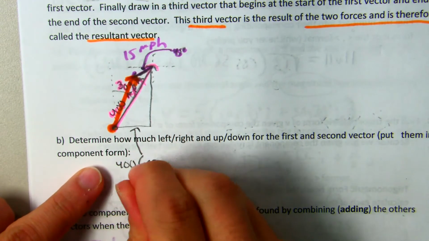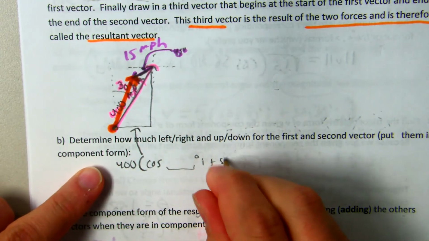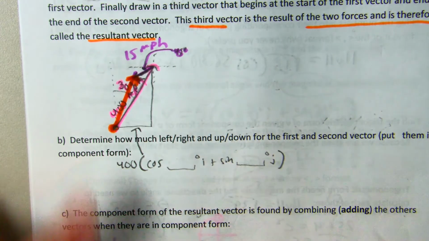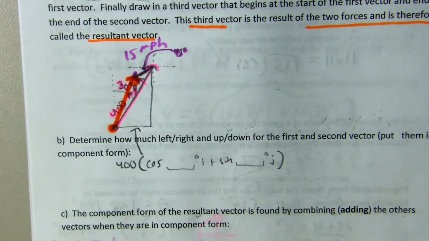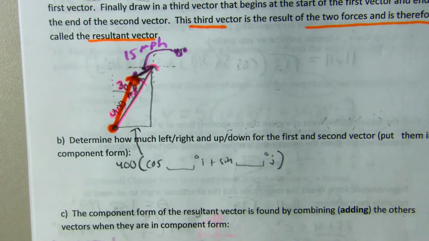400. Okay, so that's what I need for trigonometric form. What angle is it making? I heard 60 and 30. Those would be the two most common answers. 30 is the bearing.